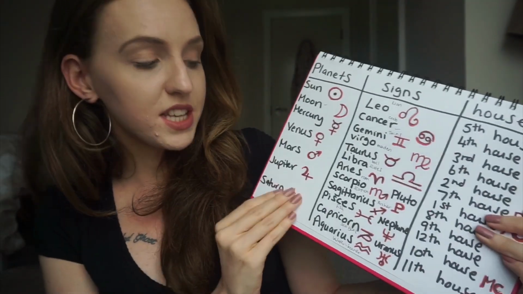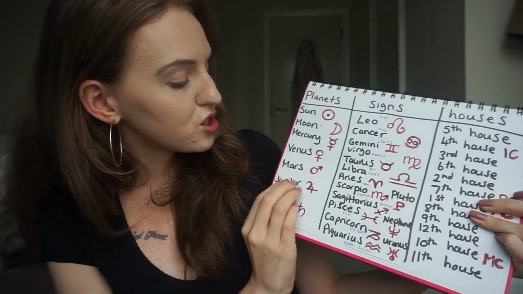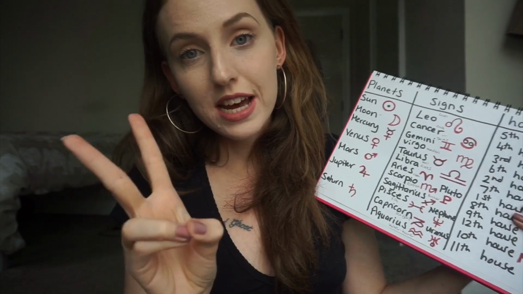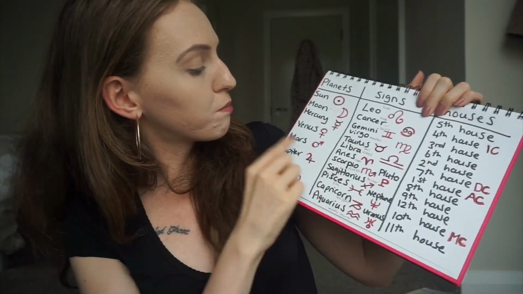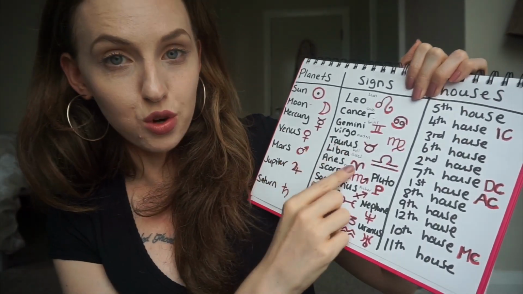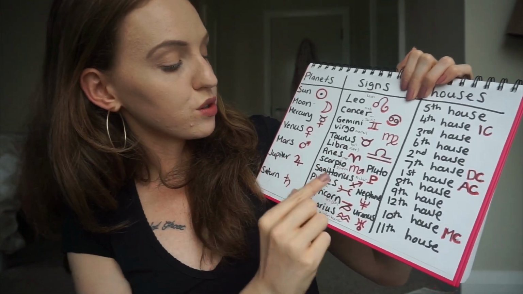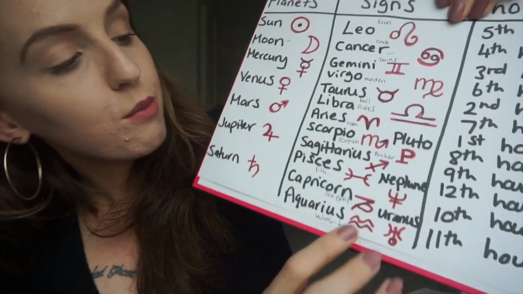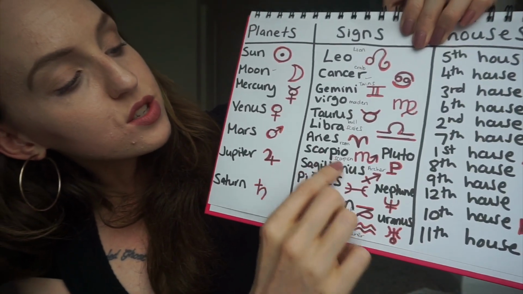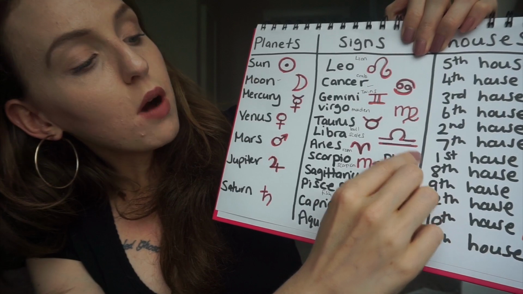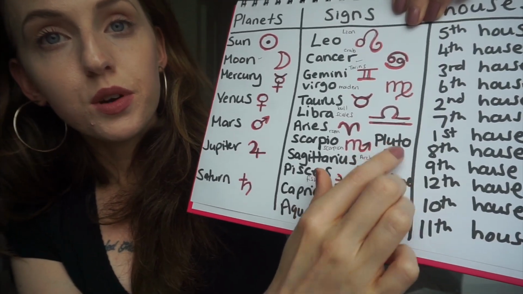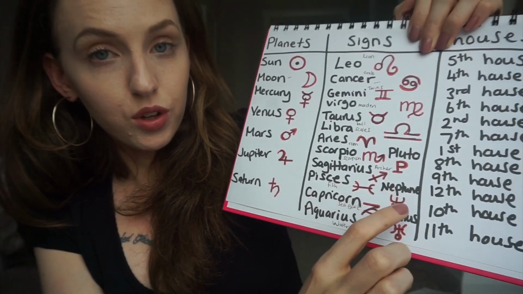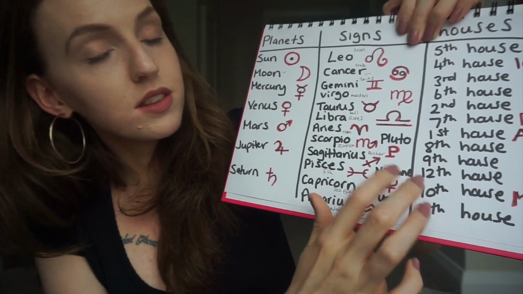Another thing about the table is that Mars, Jupiter, and Saturn rule 2 signs. So Mars co-rules Scorpio, Jupiter co-rules Pisces, and Saturn co-rules Aquarius. And then I've added in, so Scorpio, its modern day ruler is Pluto in the glyph, with Pisces, the modern day ruler is Neptune, so I put in the glyph.